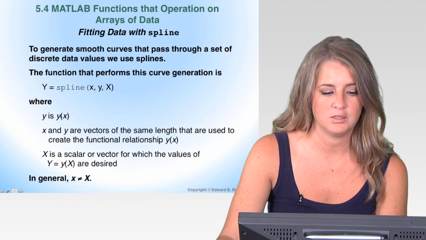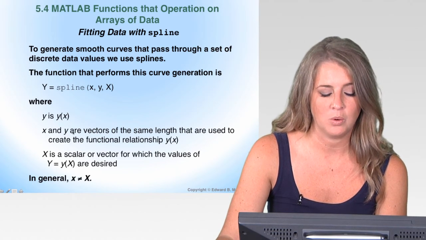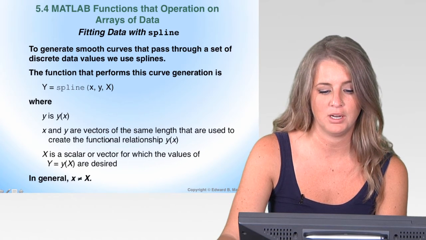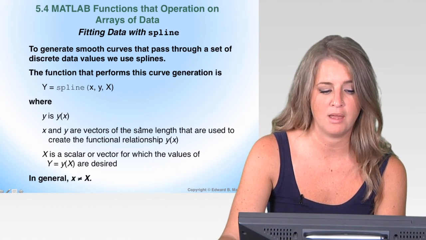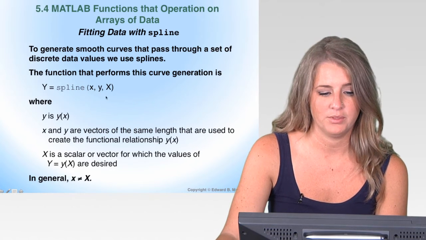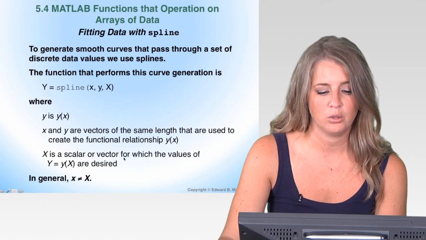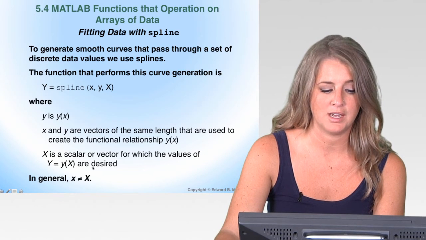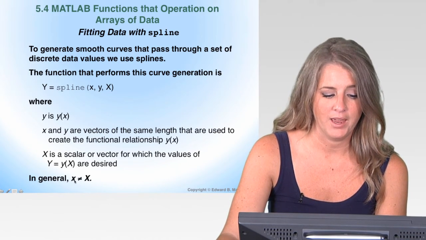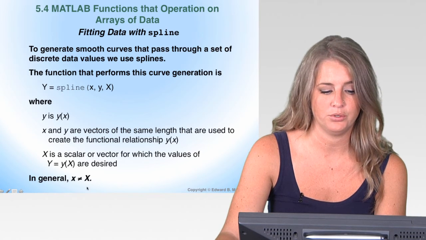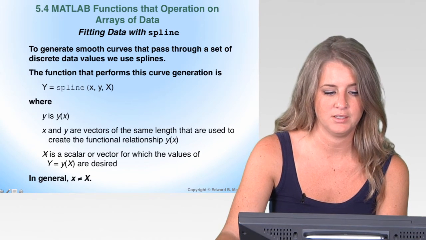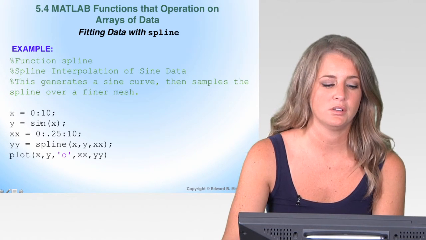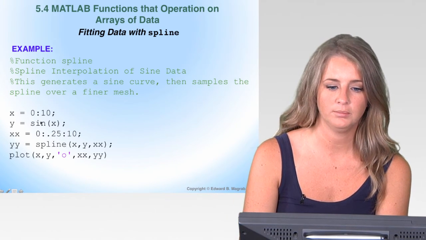So y is y of X. X and Y are vectors of the same length that are used to create the function relationship y of X. And x, this one here, is a scalar or vector for which the values of y equals y of X are desired. In general, lowercase x is not equal to uppercase X. So this is not equal to this. Again, here's another example that we're going to go through in the next video.